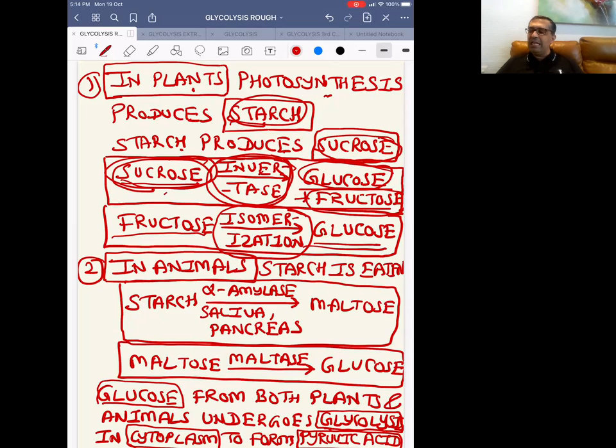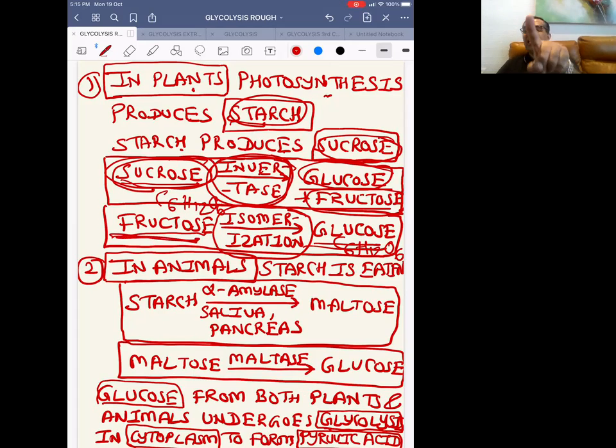What is the meaning of the word isomer? Fructose is chemically C6H12O6 and glucose is also C6H12O6. तो दोनों में ग्लूकोज फ्रक्टोज दोनों में कार्बन 6 है, हाइड्रोजन 12 है, ऑक्सीजन 6 है, but arrangement of carbon, hydrogen, oxygen is different. तो फ्रक्टोज की रिंग होती है, उसमें कार्बन, हाइड्रोजन, ऑक्सीजन डिफरेंट होता है. ग्लूकोज के अंदर सेम नंबर ऑफ कार्बन, हाइड्रोजन, ऑक्सीजन, C6H12O6, but arrangement is different.